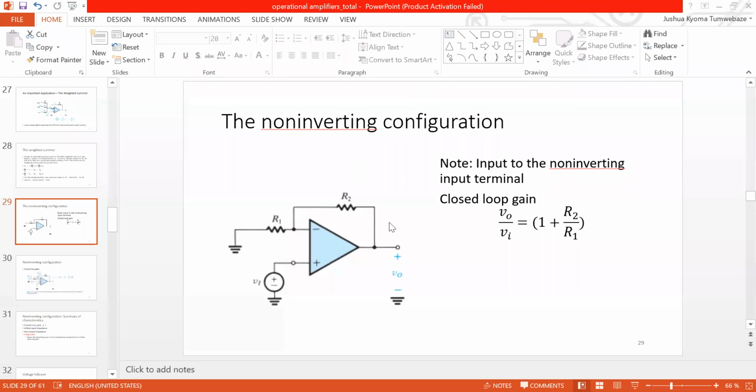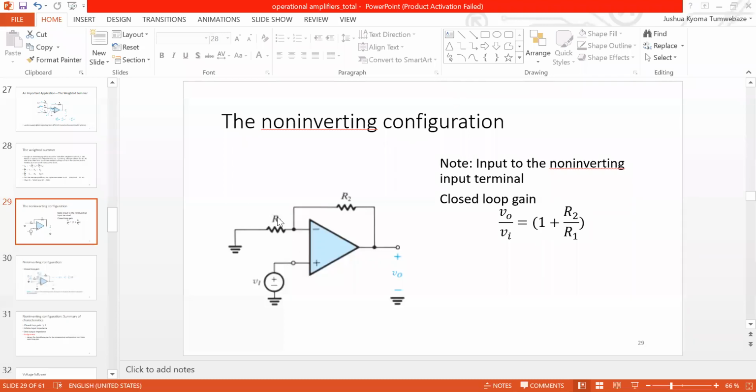So anyhow, the non-inverting configuration, you should have drawn it in your book if you have a book somewhere. So with the non-inverting, let us see what it has. Our input signal or input voltage VI is applied to the non-inverting input terminal, this one with a plus.